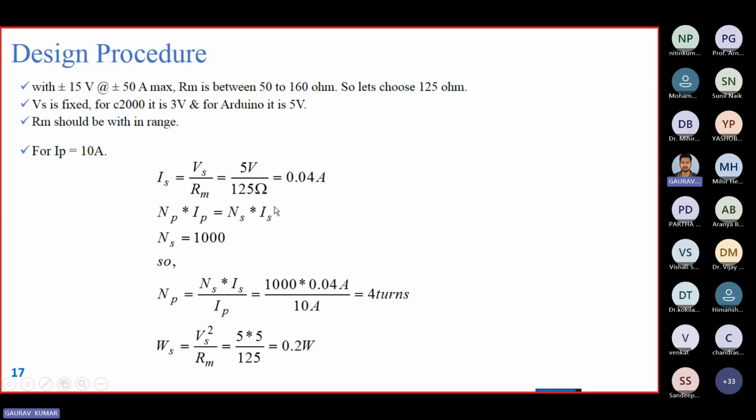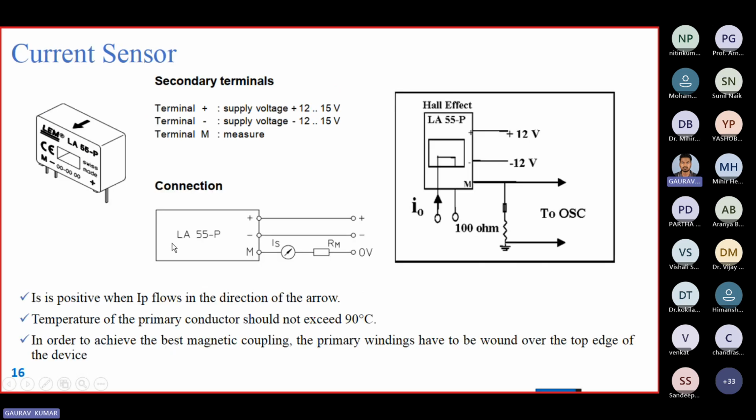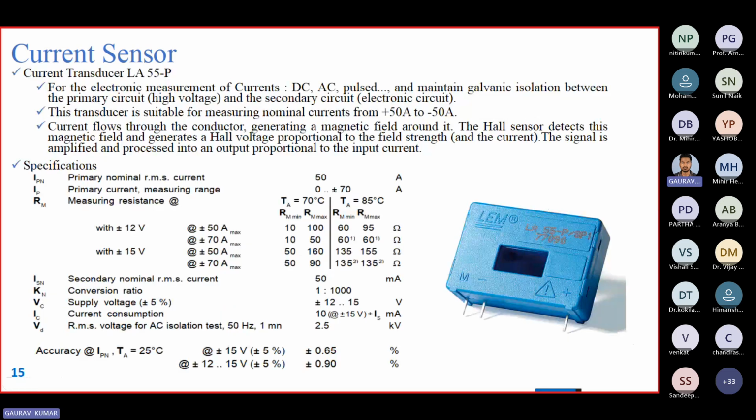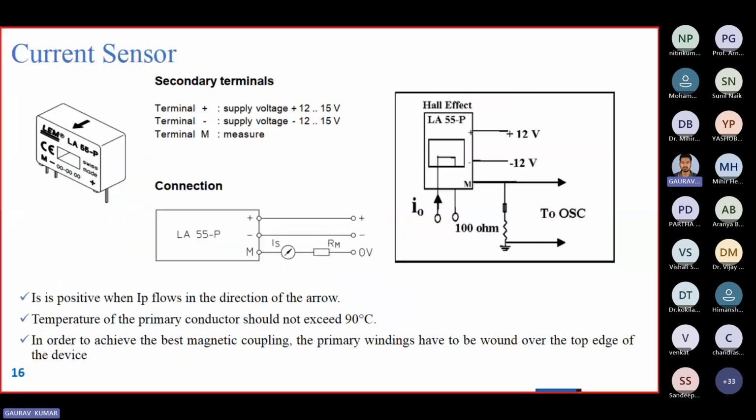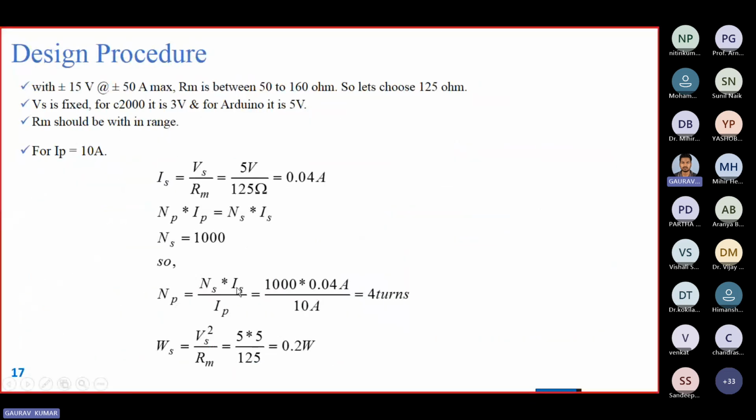We know it is like a transformer, so the formula is NP IP equal to NS IS. In the current sensor, the secondary number of turns NS is 1000. So you can easily find the number of turns of the primary. NP is equal to NS into IS divided by IP.